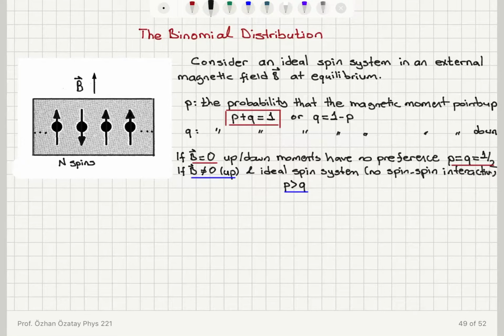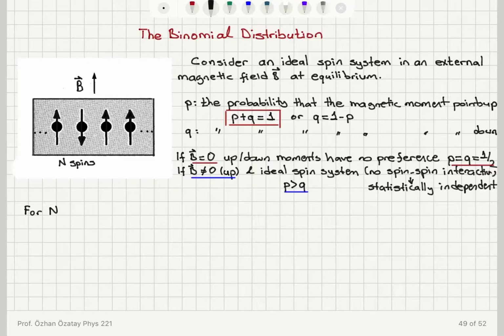Recall that this means statistically independent spins. That is to say, if one moment is up, it has no influence on the next moment being up or down.